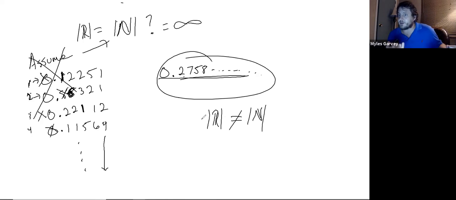Logic would say that because the natural numbers is a subset of the real numbers, the real numbers therefore must be bigger than the natural numbers. And so what we end up having, interestingly enough, are 2 infinities.